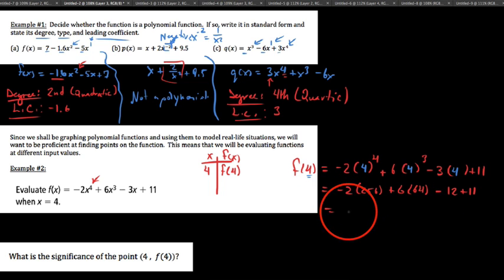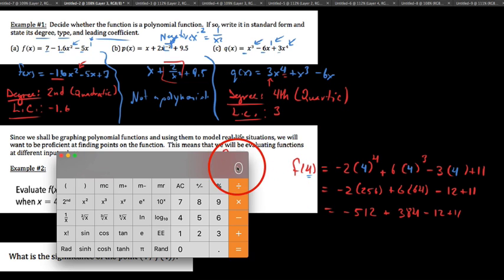So let's double this here. We say negative 512 plus, now this would be 360 plus another, I suppose, 24, 384 minus 12 plus 11. And now, yes, I am going to get my calculator out here. Let's see. Negative 512 plus a positive 384. We'll start with that there. It's definitely going to be negative. Here we go.